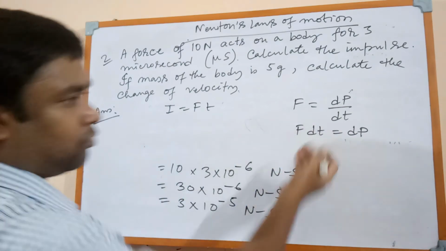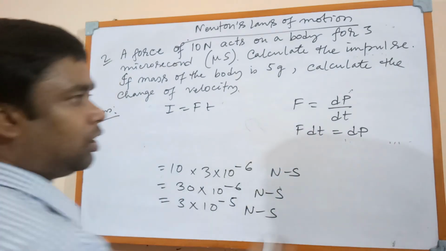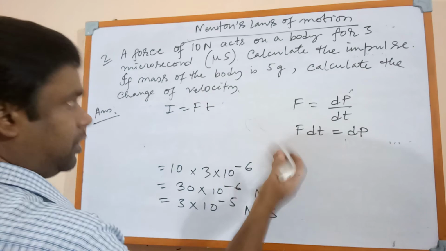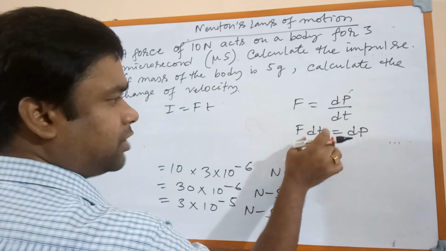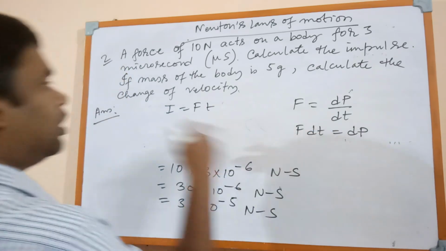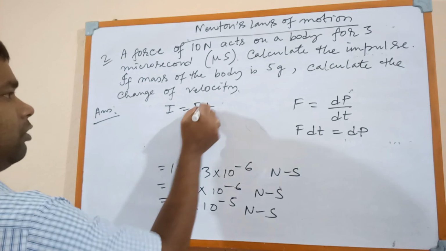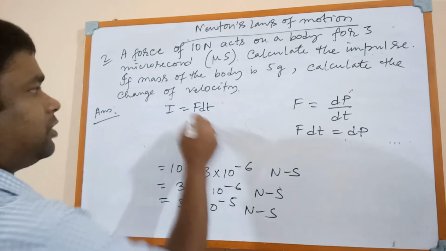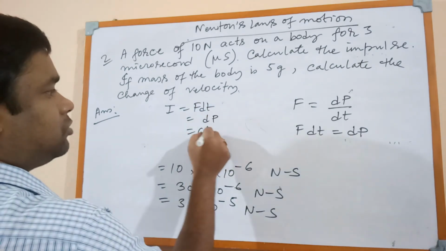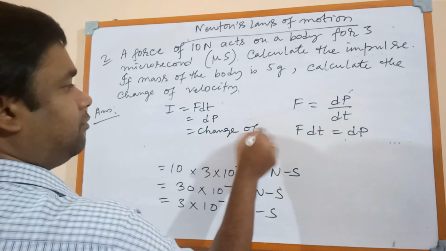For a very small amount of time dt, we can also take I equal to F dt. So F dt equals dp, that is the change of momentum.